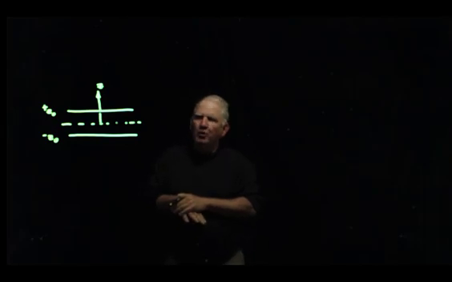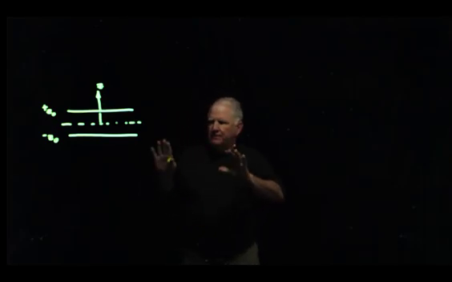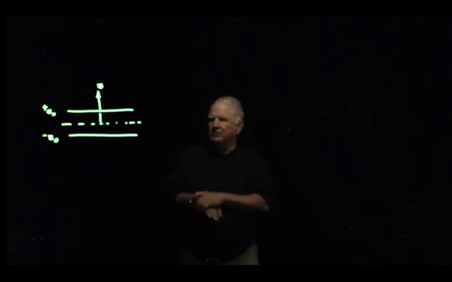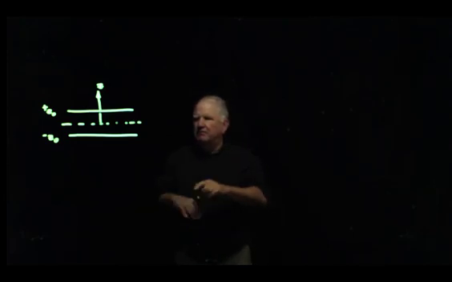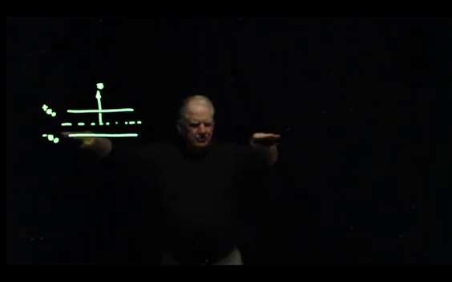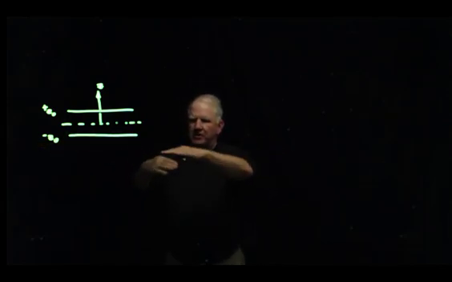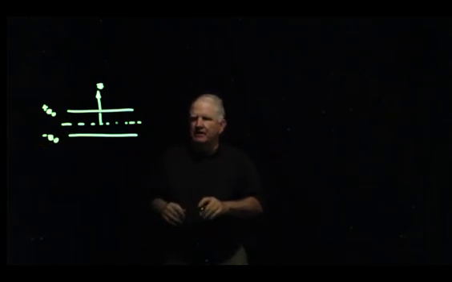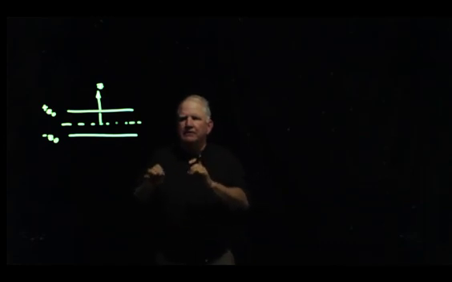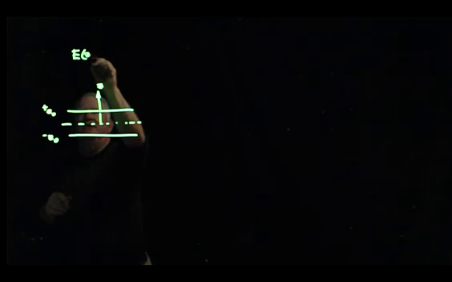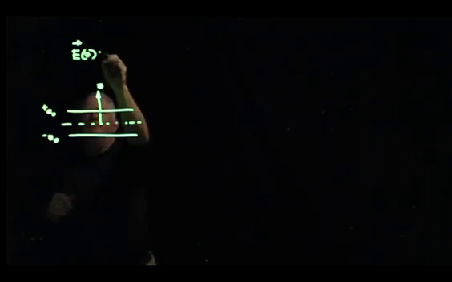So before we just try to take off, let's talk about what kind of electric field we expect. Because the charge distribution is the same everywhere in this xy plane, the electric field is everywhere going to be dependent on z.